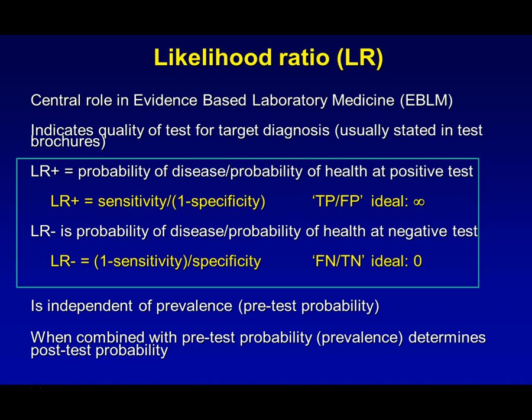This means false negatives divided by true negatives, and this should be 0. It can be calculated by 1 minus the sensitivity divided by the specificity. The advantage of the likelihood ratio is that it is independent of prevalence, in other words the pretest probability. And when it's combined with prevalence, it determines the post-test probability.